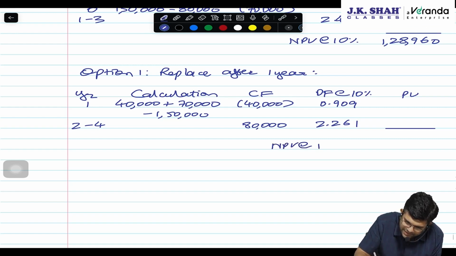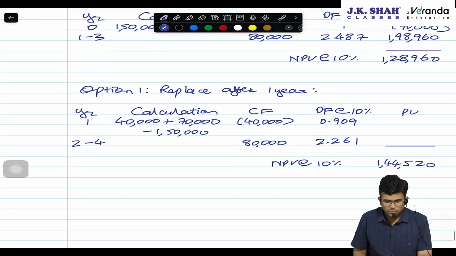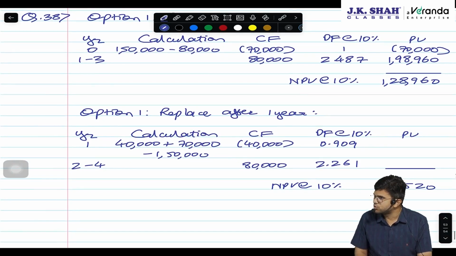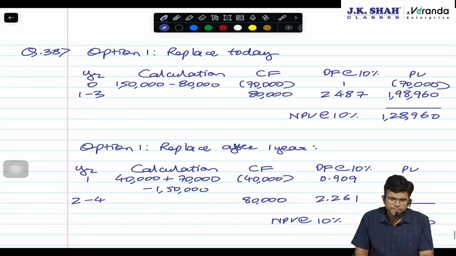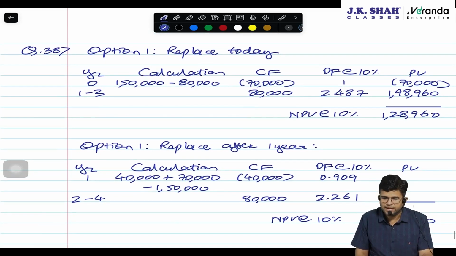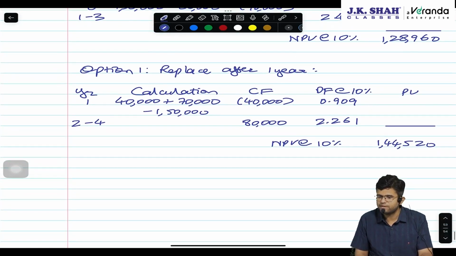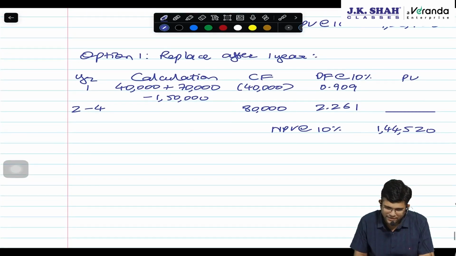NPV at the rate 10% is 144,520. Now, can you compare these two NPVs? The first NPV, if I replace today, is 128,960. If I replace after 1 year, it is 144,520.